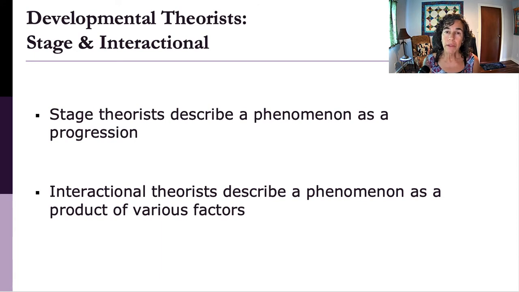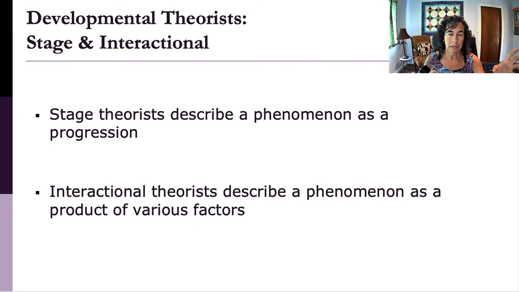To start with, we have developmental theorists, and you'll be familiar with some, if not all of these. They're from two different kinds of categories. One is stage, which stage theorists describe a phenomenon as a progression, right? So you go through different stages. Interactional theorists describe a phenomenon as a product of various factors.